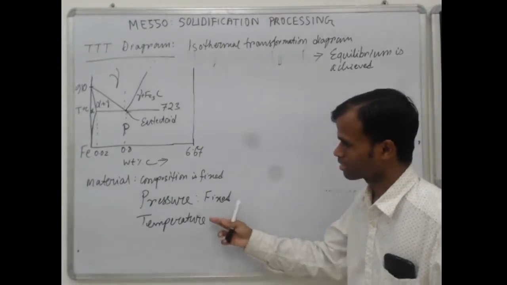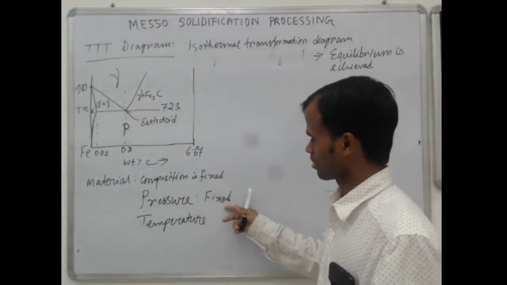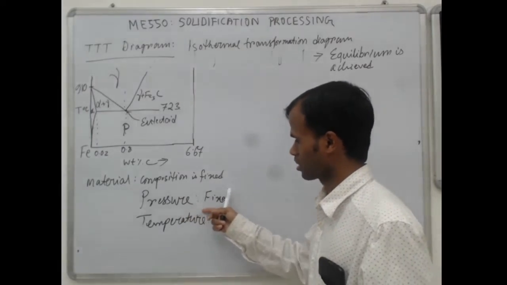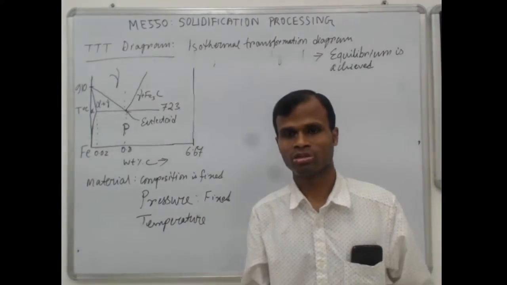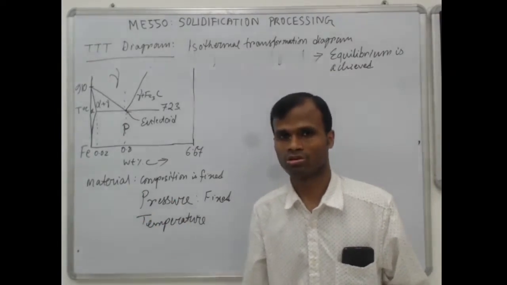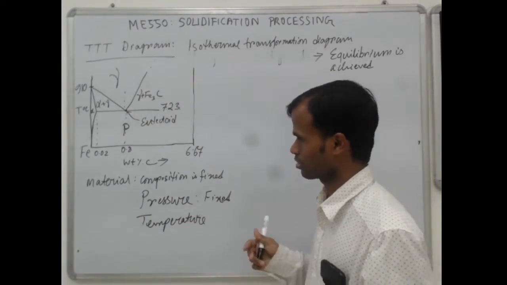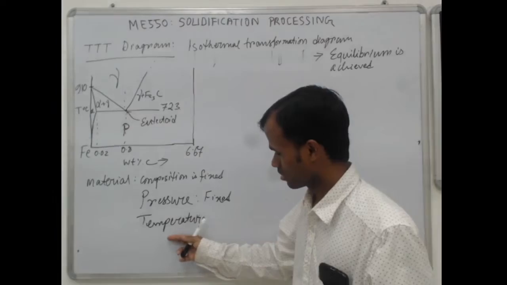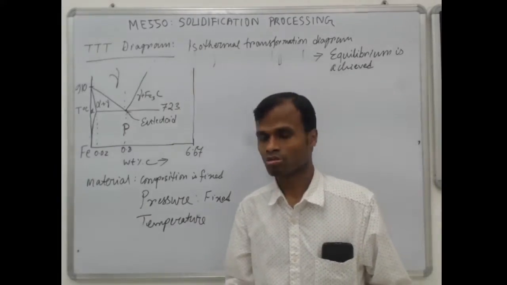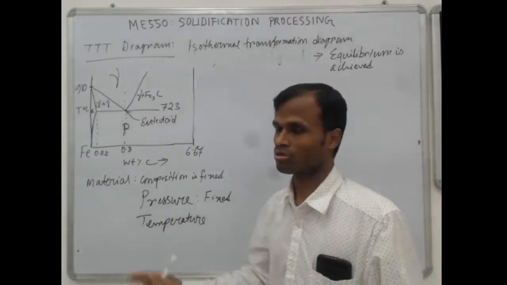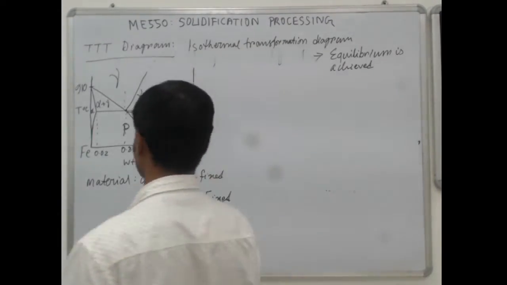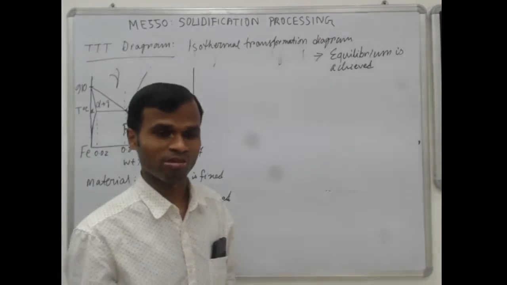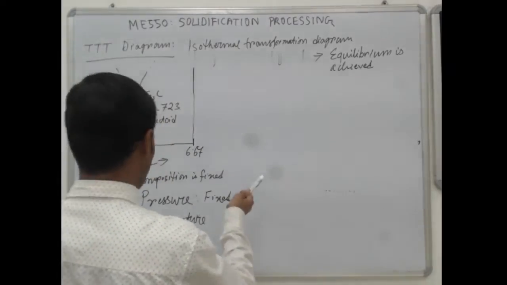Moreover, pressure has very minimal effect on condensed phases, say solid or liquid, so we need not worry much about it. Composition is fixed for a given material. Now temperature is the only variable we have to control the microstructure or the phase structure. So this is why in the TTT diagram the temperature is changed in a way that you get different types of phases.